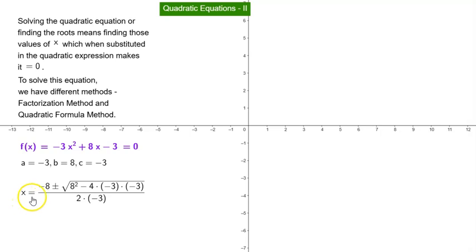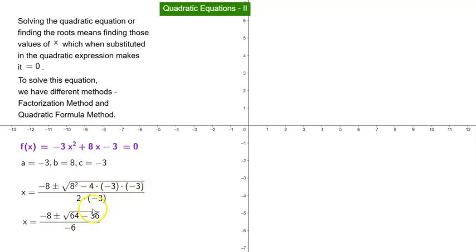Remember the quadratic formula, x equal to minus b plus or minus square root of b square minus 4 times a times c, divided by 2 times a. Now simplify. Minus 8 plus or minus square root of 64 minus times minus times minus.